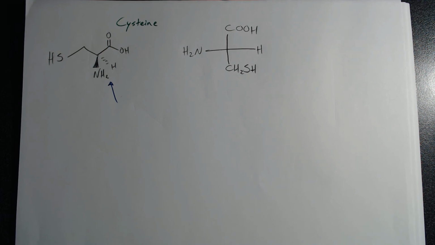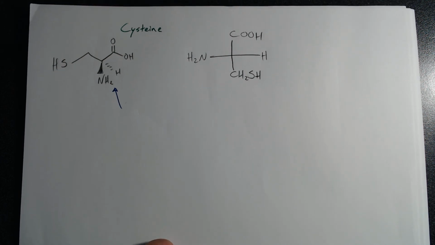We're actually going to give priority to the carboxylic acid group. Typically, oxygen groups get priority in most cases. So the question now is, what is top priority? Is it the carboxylic acid group, or is it the amine group? The amine group is. Yep.